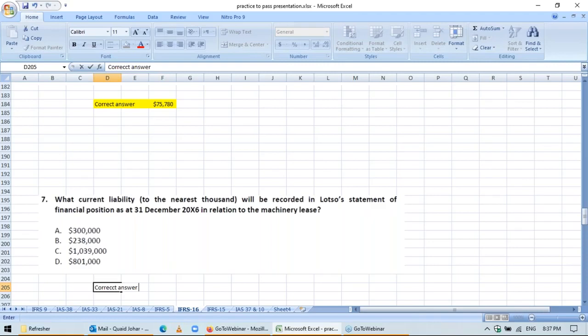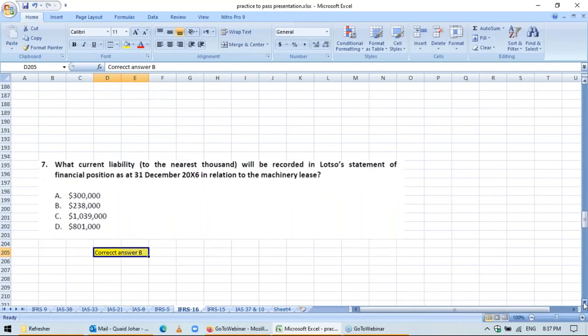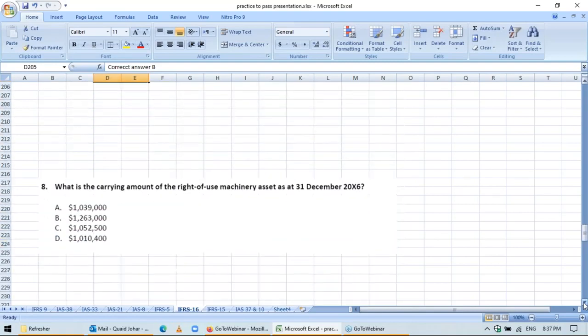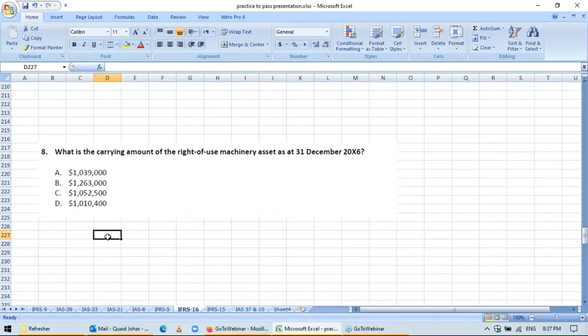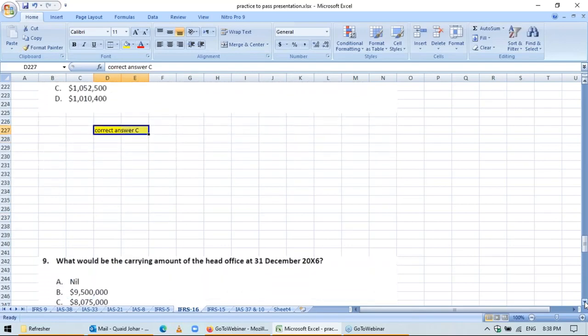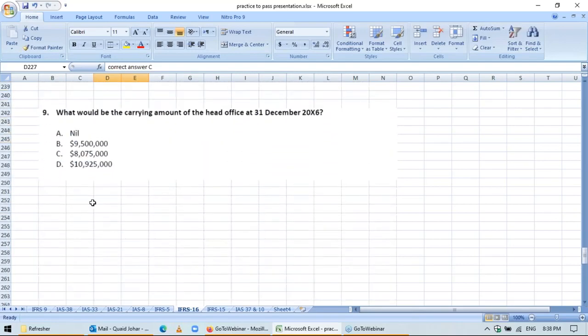So the answer to question 7 is B. Then question number 8 will be C. Question number 9, the correct answer is B.